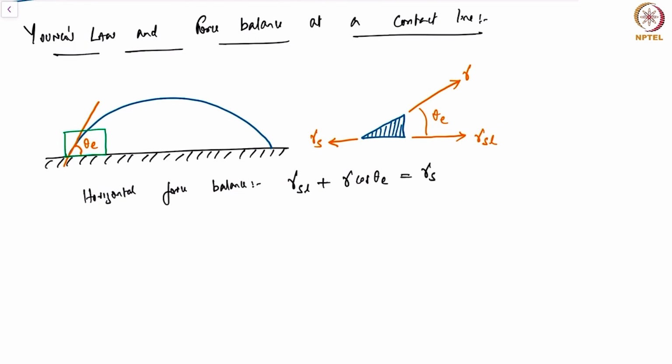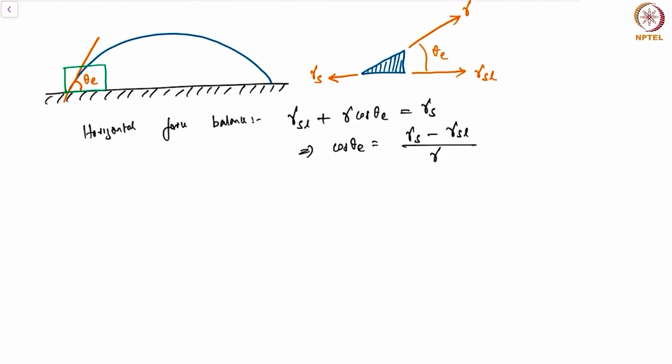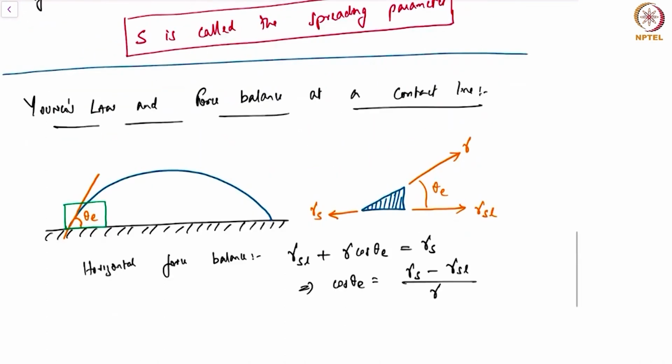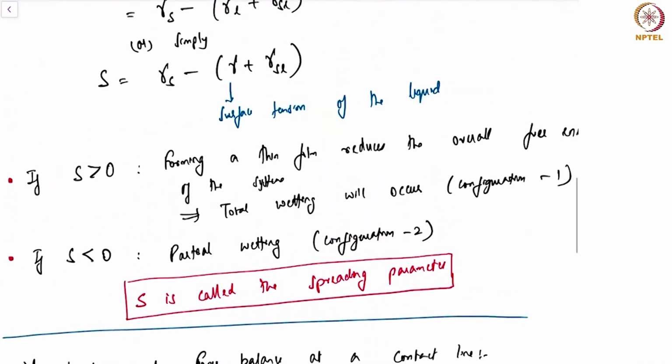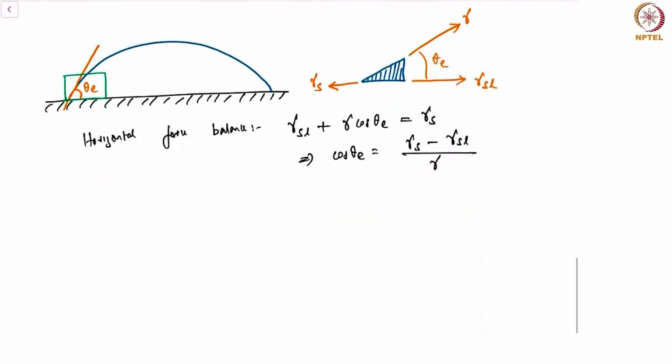This would be gamma S, and therefore I have cos of theta E equal to gamma S minus gamma solid liquid divided by gamma, right? And we can now write this in terms of the spreading parameter.